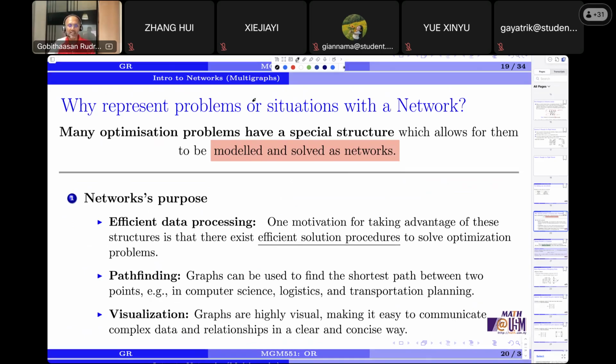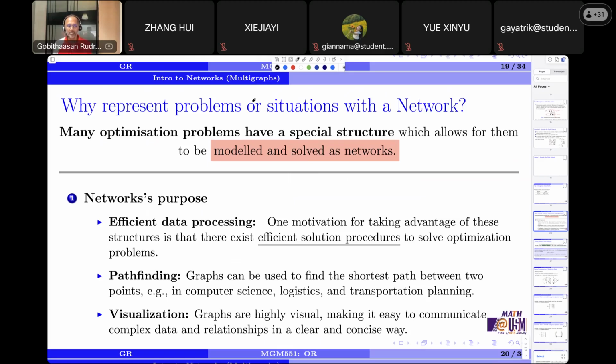So we represent them in the form of a network, and then we can visualize. The next thing is to analyze them. There are many algorithms which can efficiently analyze these networks. So the purpose would be efficient data processing. We would be able to represent the network in a very simple matrix, which we will look into in a while.